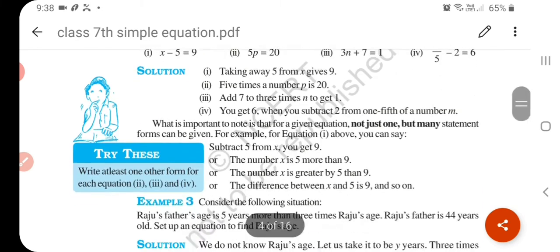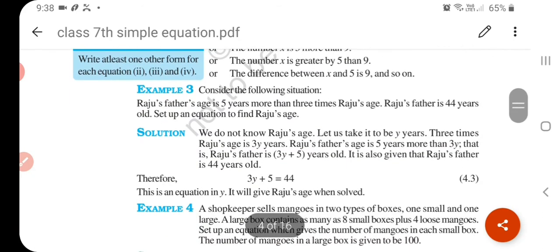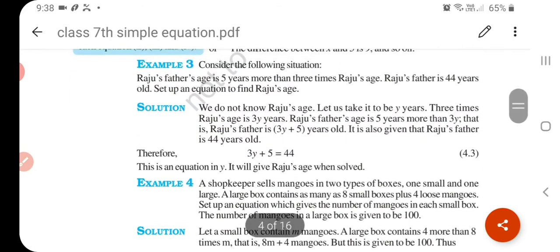Now, consider the following situation. Raju's father's age is 5 years more than 3 times Raju's age. Raju's father is 44 years old. Two conditions are given. First, Raju's father's age is 5 years more than 3 times Raju's age.